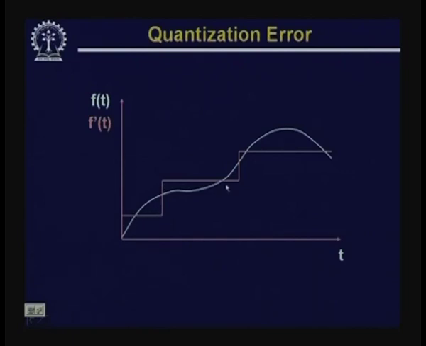Now, from this, it is quite obvious that I can never get back the original signal from this quantized signal, because within this region the signal might have had any arbitrary value, and the details of that are lost in this quantized output.